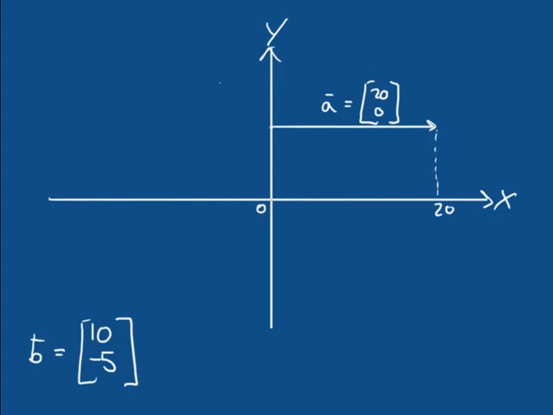So we could, if we started our vector at the origin, again I'm going to talk about that a little bit later, travel 10 units in x, and travel minus 5 units in y, and we get a vector that would look something like this, and this would be our vector b.